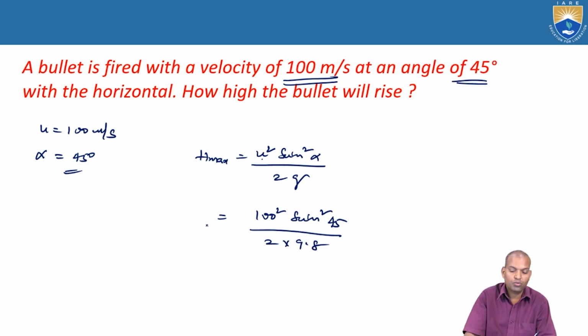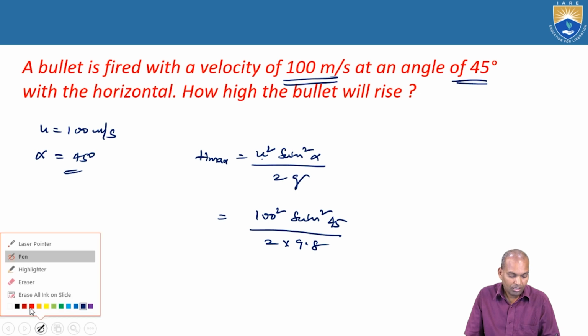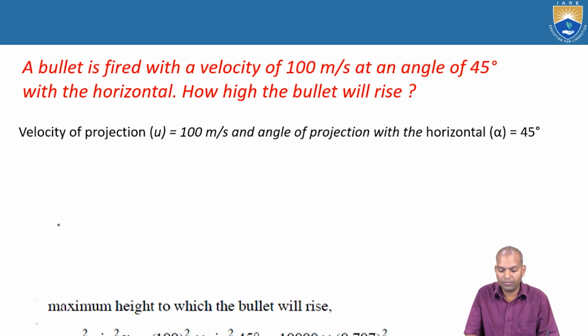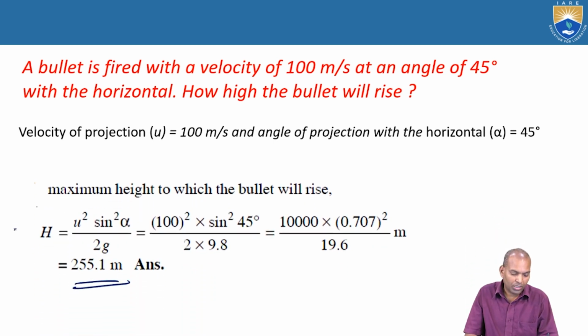Now we will get how high the bullet will rise. Here the velocity of projection is 100 meters per second and the angle of projection with the horizontal, alpha, equals 45 degrees. This is what we have to solve.